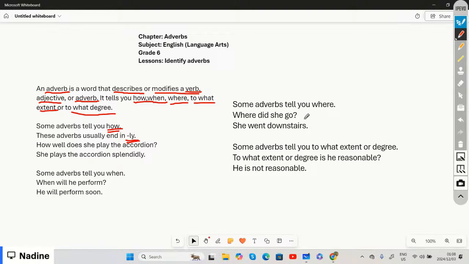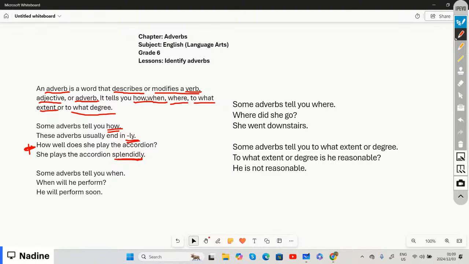And if we look at an example, it says, how well does she play the accordion? How well does she play the accordion? And we can say she plays the accordion splendidly.